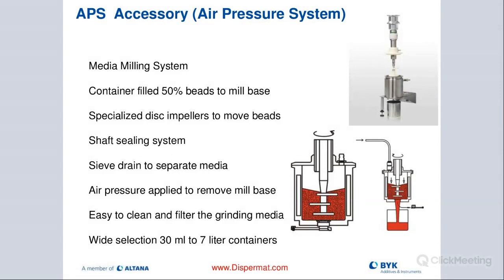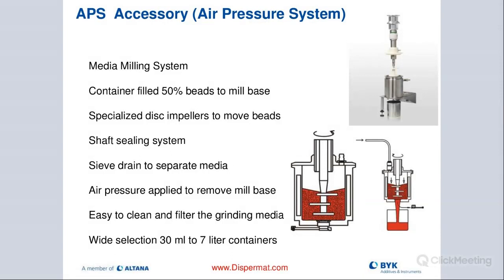When I'm finished with my milling process, I would remove the drain plug on the bottom of my container, hook up an air hose into the inlet on my lid, and then use air pressure to purge my mill base out of that container into my catch container below.